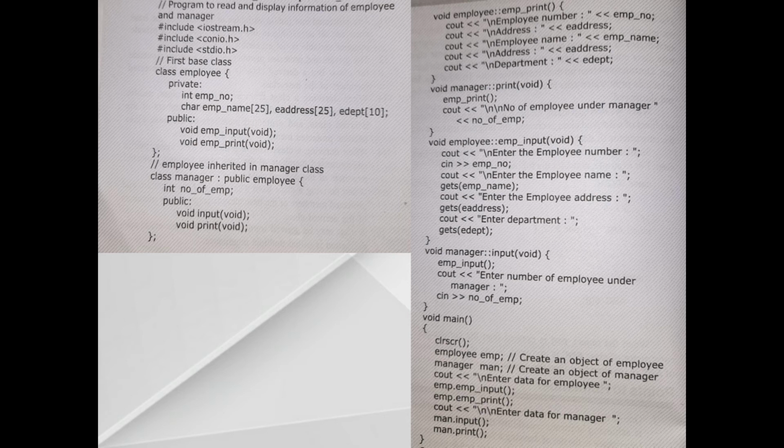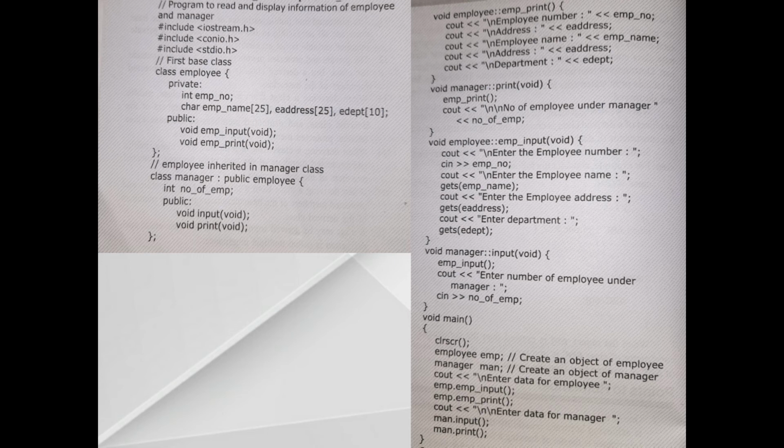The function emp_input is called and executes the following function body statements: enter the employee number, enter the employee name, enter the employee address, and enter department. Similarly, the object invokes the function emp_print, and in there the function body gets executed.